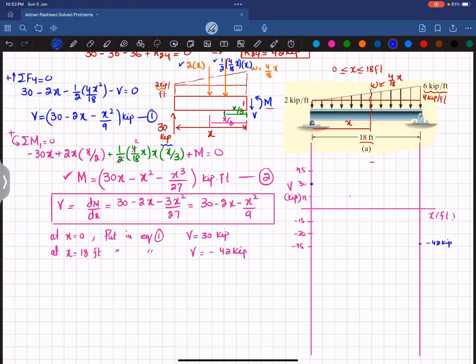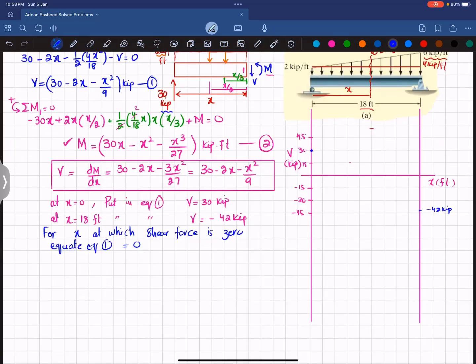The shear force comes down towards 0. So for finding the x at which shear force is 0, we will take equation 1 equal to 0. So V equal to 0 gives 30 minus 2x minus x square by 9.